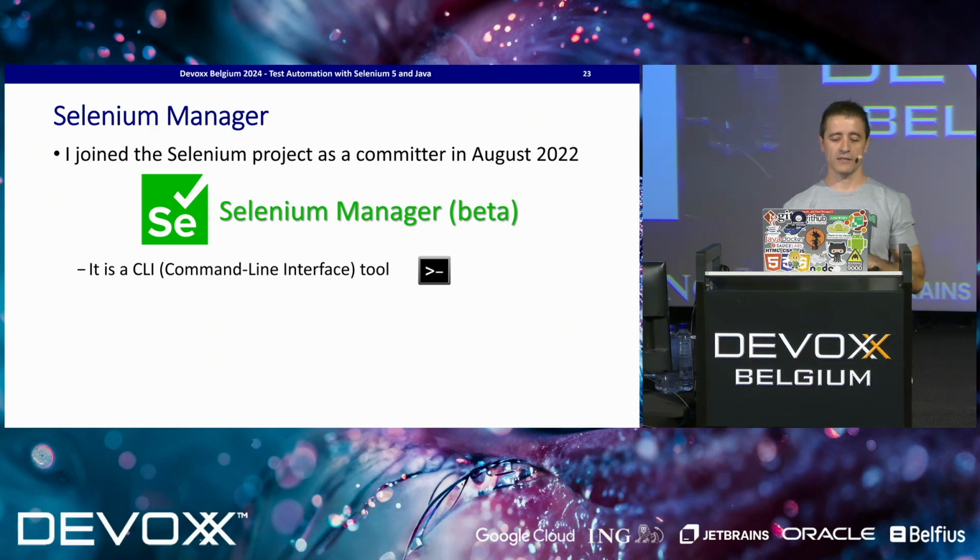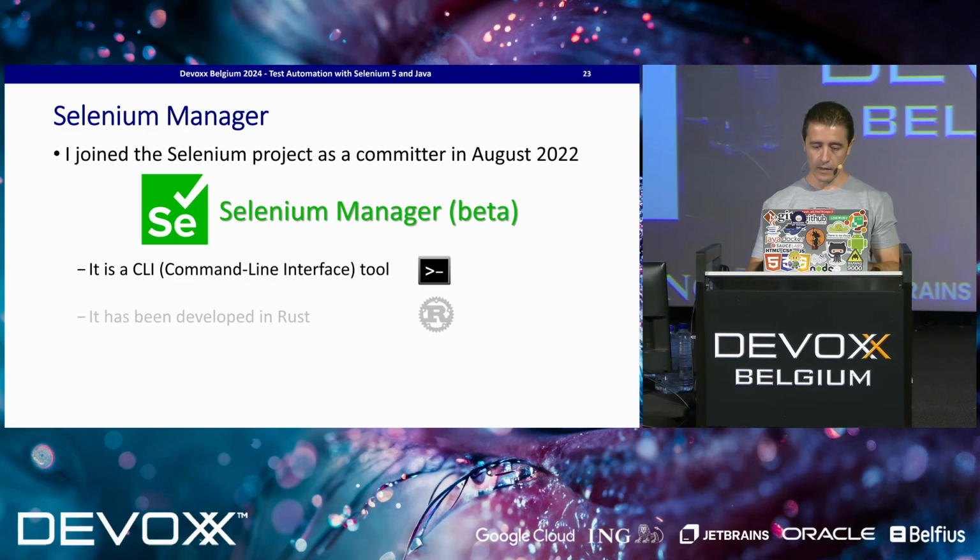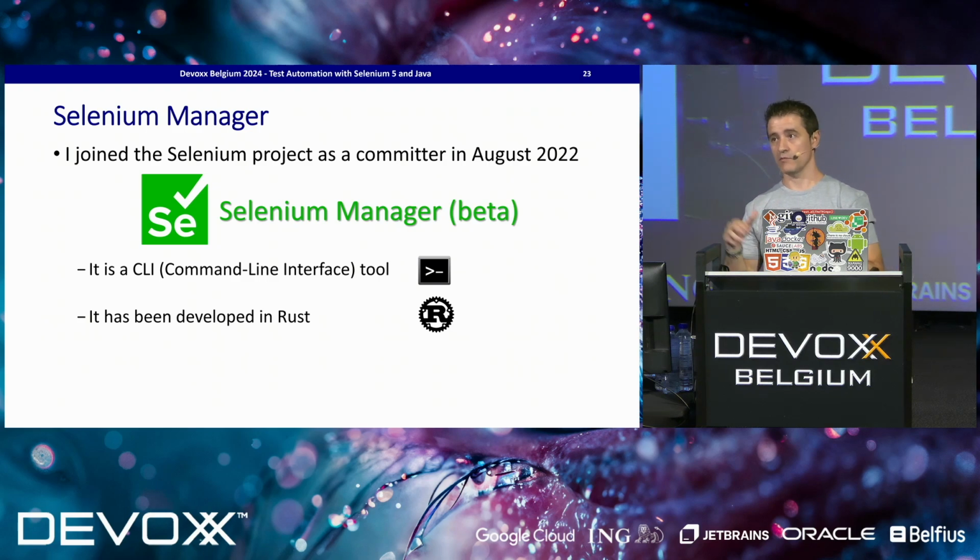Selenium Manager is a CLI tool. The idea is that we are going to have a universal interface that all the Selenium languages use for resolving this problem, the automatic driver management. It has been developed in Rust. I am the one who created Selenium Manager in Rust, and the rest of the Selenium team integrated this CLI tool in the different languages, Java, JavaScript, Python, and so on.